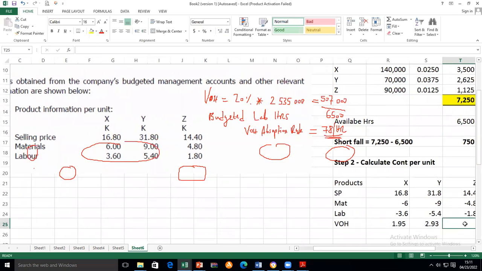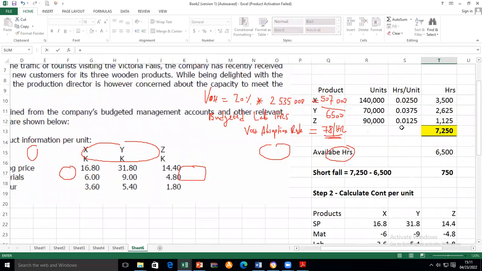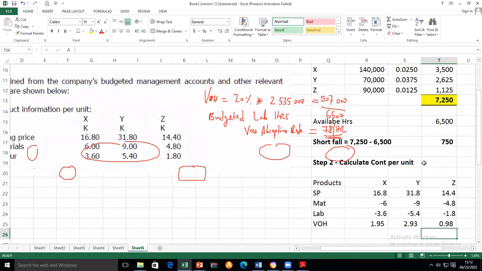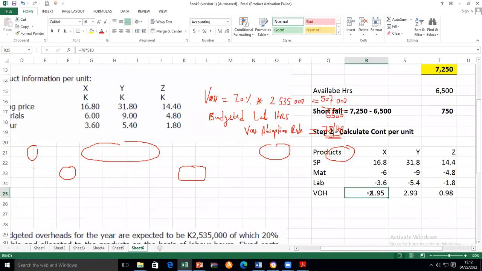This one again, you pick that one, multiply by 78. Are we together, people? You see how involving it was? That's how involving our question was.